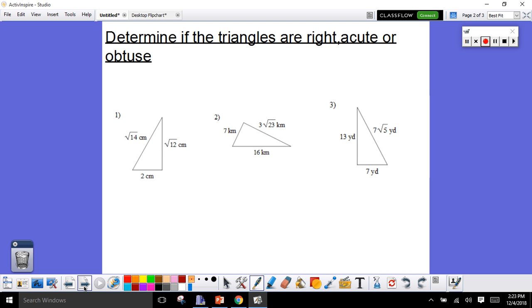So we're going to need some rules that we need to follow, and they are the following. If I have C squared equals A squared plus B squared, then we have a right triangle.